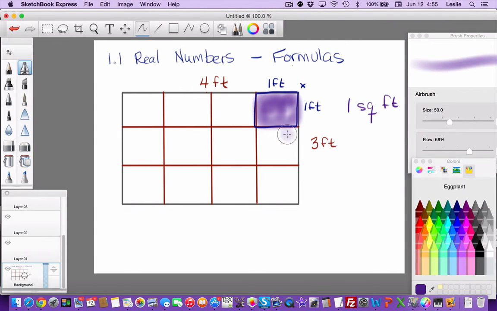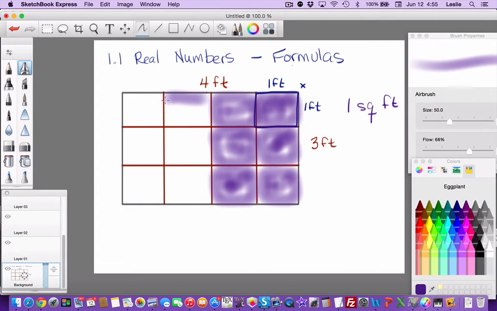I'm going to find the same in each of the squares that I've cut my big rectangle into. When I'm talking about area, what I mean is how many of these squares do I have? In this case, I have 12.